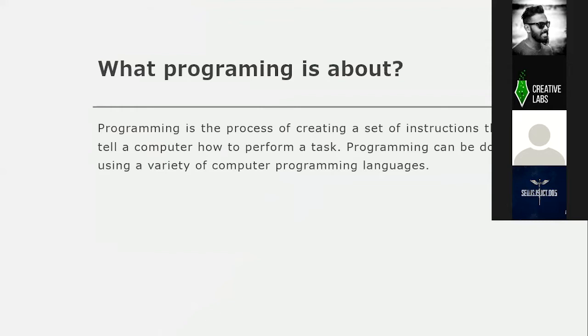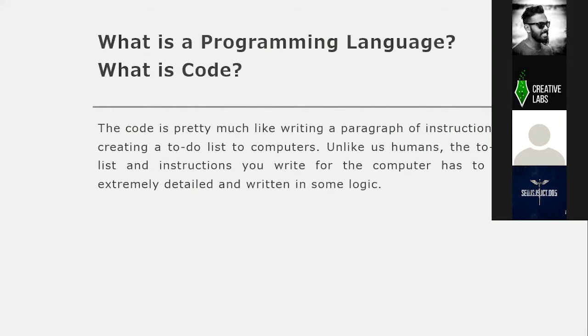Programming is usually done using a variety of computer programming languages that you are familiar with. A programming language is a kind of machine-understandable language. We give the instructions to the computer, some logic, and we usually call that code.